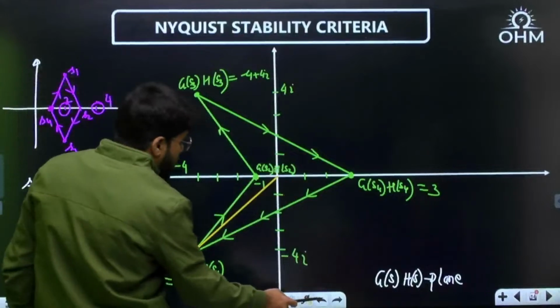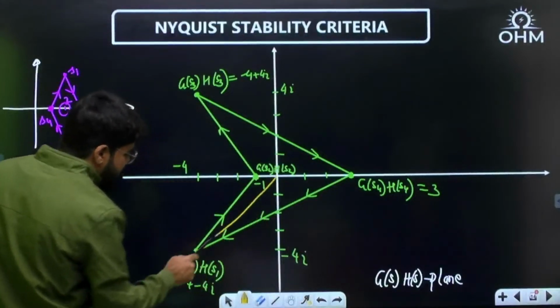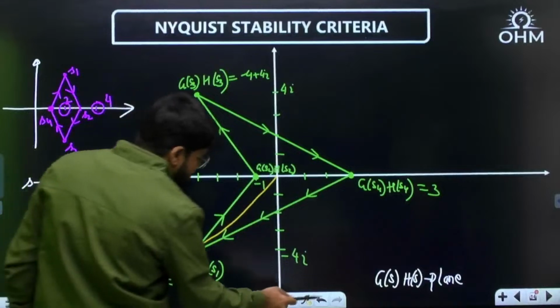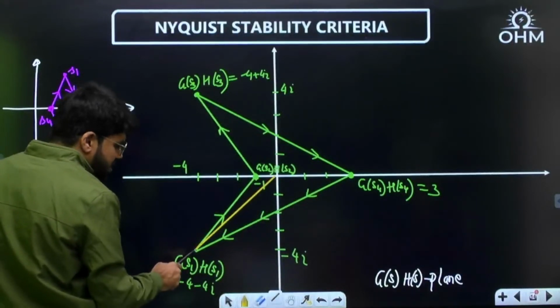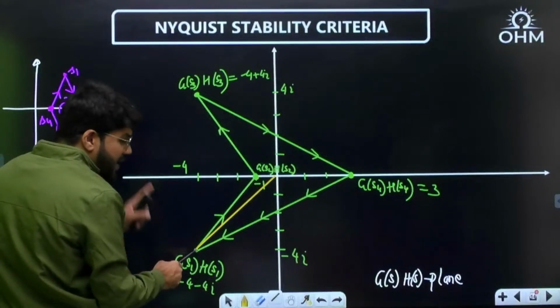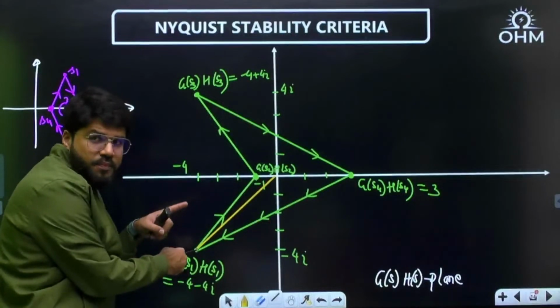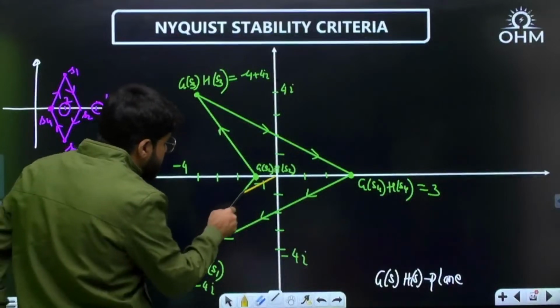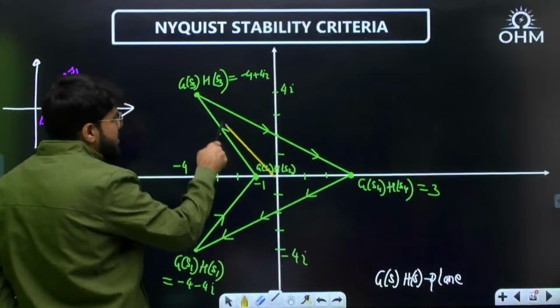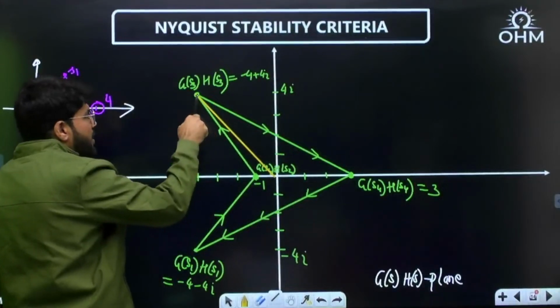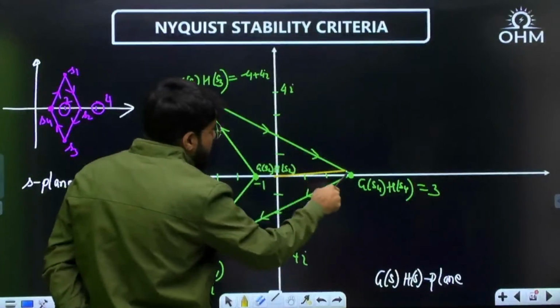So what I do is I join the first value, GS1 HS1, with respect to the origin. Now this is my starting point. How much is the change in angle? You see very clearly with me. Some change here, then GS3 HS3, the angle is changing. Then GS4 HS4.